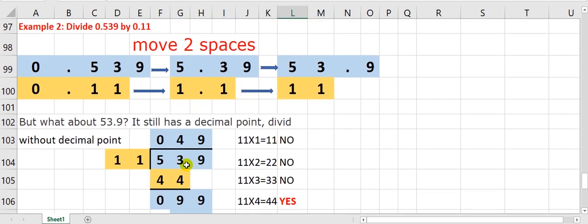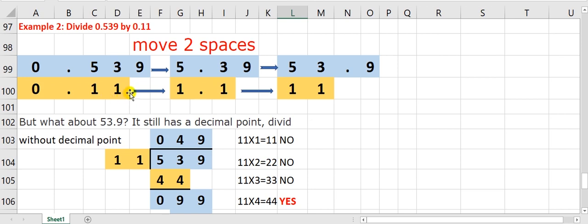Another example here, 0.539 divided by 0.11. I put it here. Where is the divisor? The divisor is here. I want to shift or move this point by two decimal places.